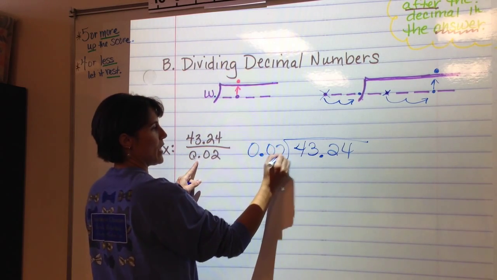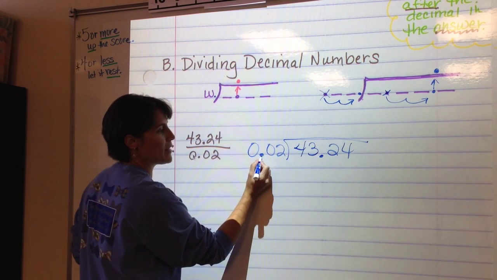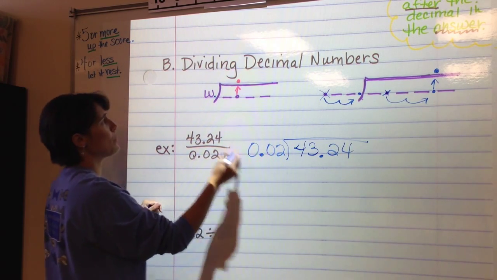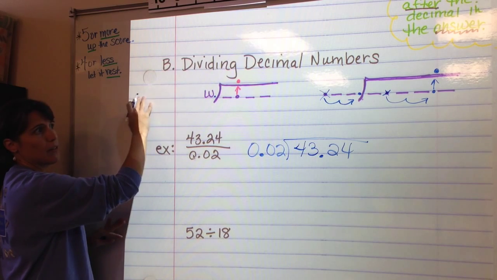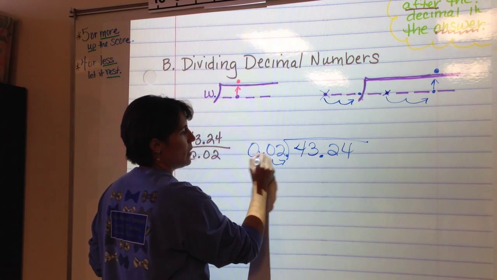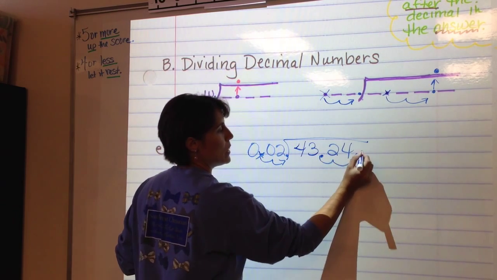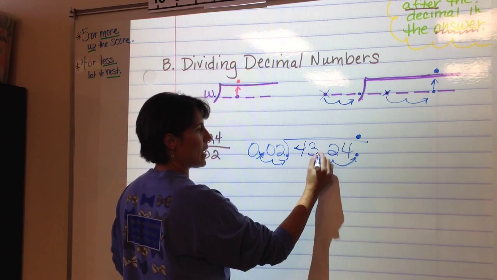I must slide this decimal. We must divide by a whole number. If you want to write that out here, write yourself a note. So I'm going to hop this twice, which means I'm going to hop this one twice to match. Two place values, two spaces. That's what I'm saying when I hop.